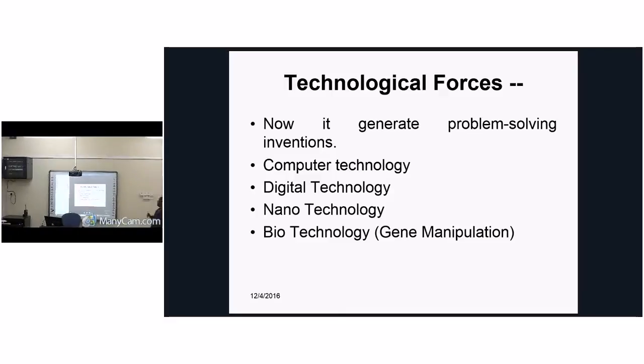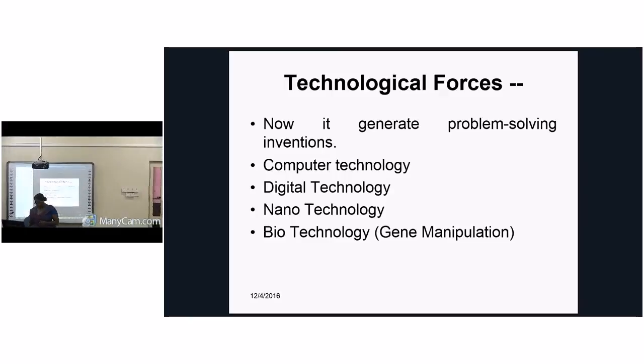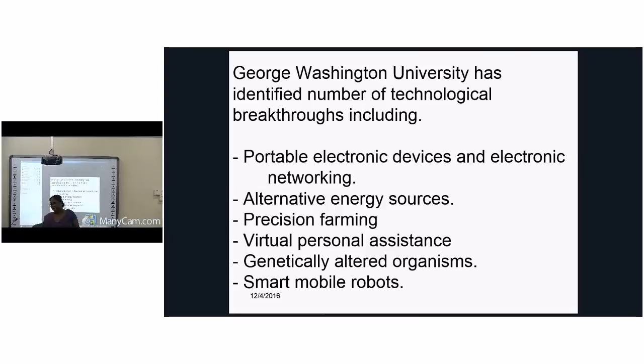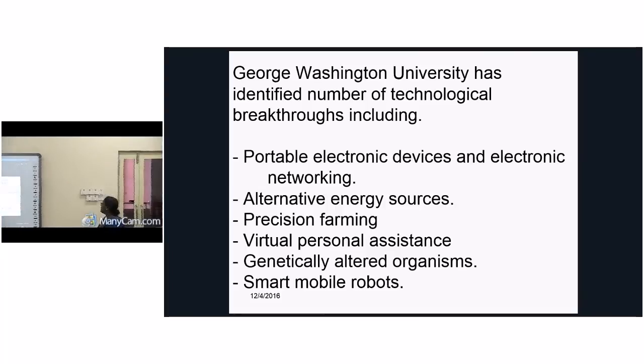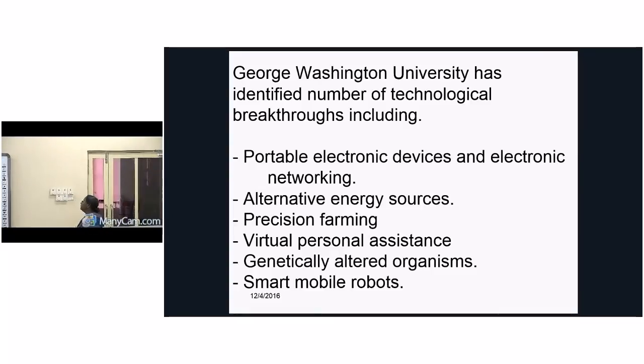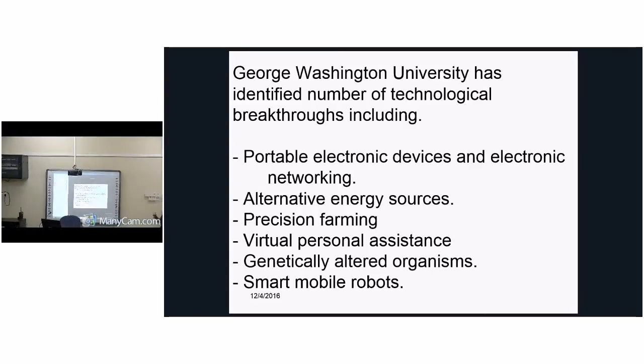Gene manipulation is a technological trend in biotechnology. George Washington University has identified a number of technological breakthroughs including these. Because of these improvements, organizations face changes around them, so firms have to consider these technological breakthroughs in formulating strategies.